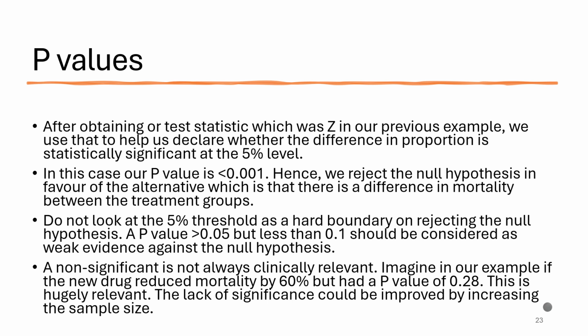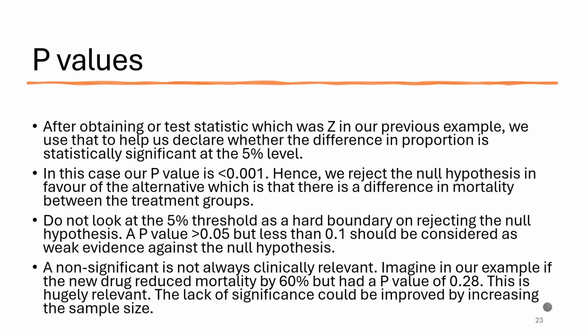And also, people tend to overly focus on p-values, and sometimes it annoys us statisticians because you could find something that is clinically relevant, but because it's not statistically significant, a researcher might be less inclined to publish it.